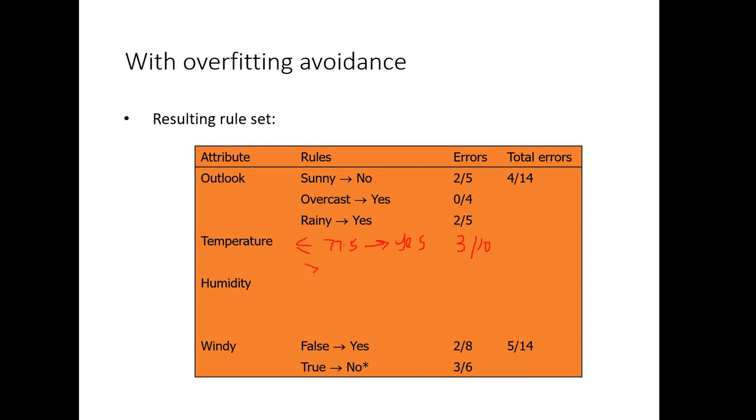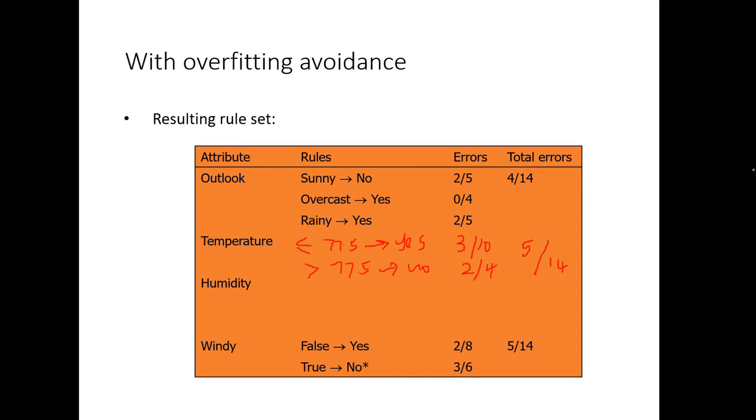If it is greater than 77.5, we are going to say no. And the error is, out of 4 instances, 2 errors. What is the total error now? Out of 14, 5 is the total error. Got the point? Okay.